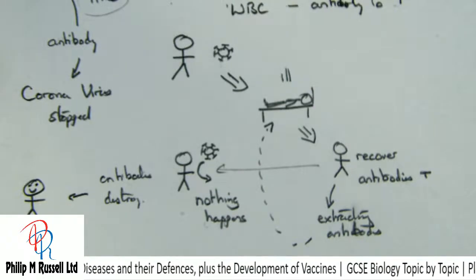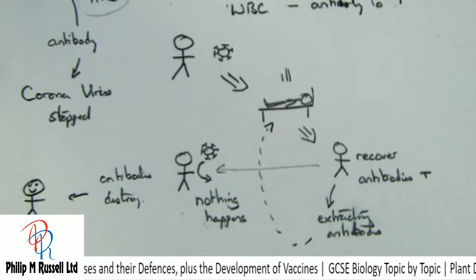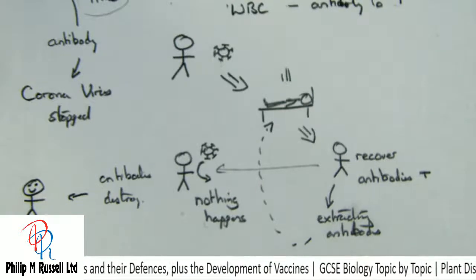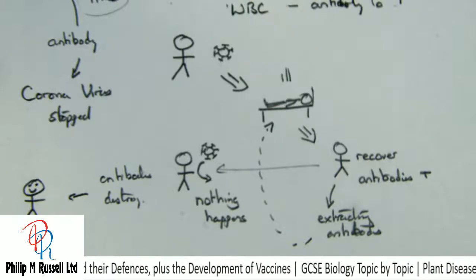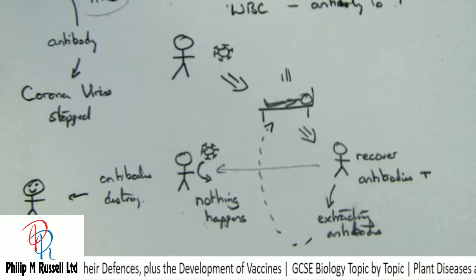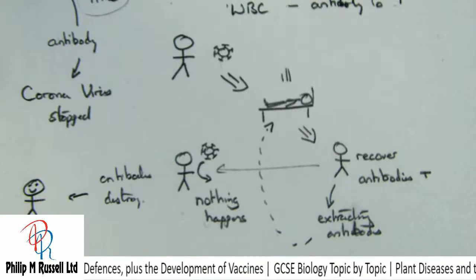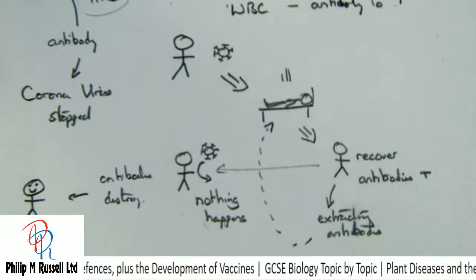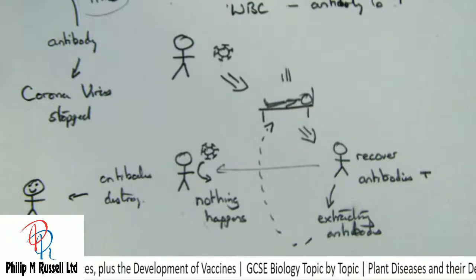Now, doctors use vaccines to protect us against bacterial diseases such as tetanus, diphtheria, and viral ones such as polio, measles, mumps. There is the famous MMR vaccine, which protects you against measles, mumps and rubella, and they save millions of lives.